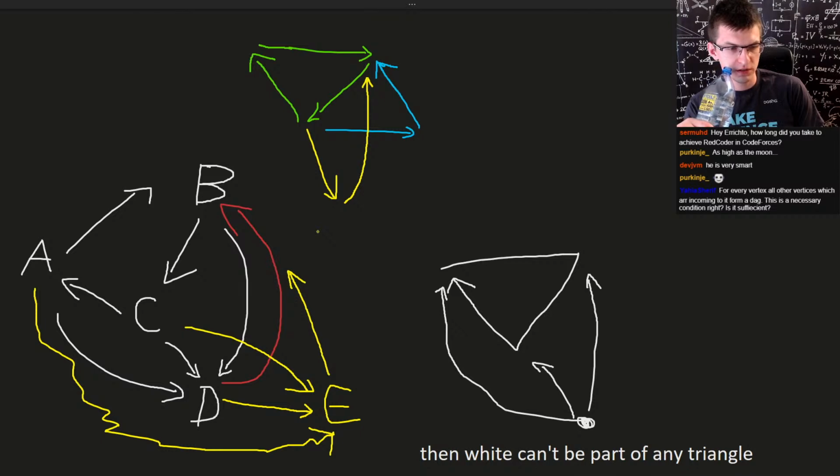From every vertex, all the vertices which are incoming form a DAG. This is a necessary condition. Yes, it's necessary. Is it sufficient? I think so.